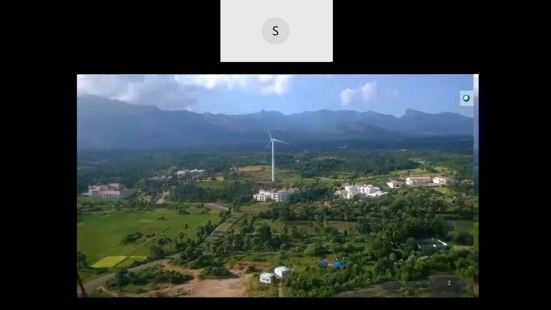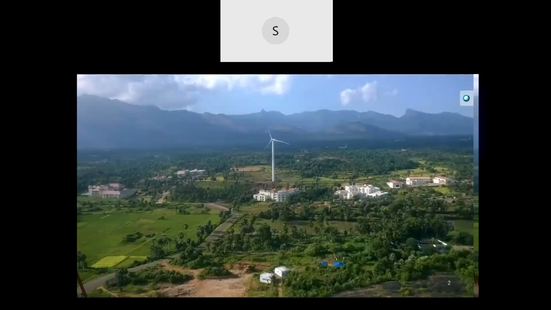Yes, this is a wind turbine generator, a single machine of 2.1 megawatt, 1100 kilowatt capacity. You can see the environment is very rural, but it's connected to a 110 kV grid substation, to the transmission grid.